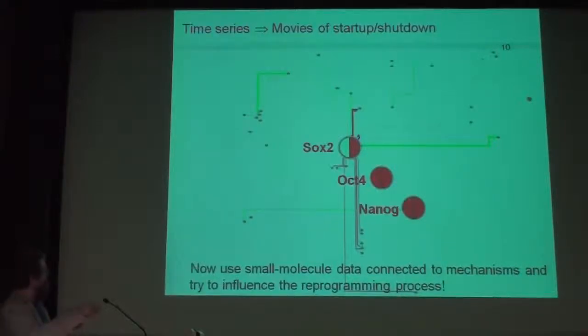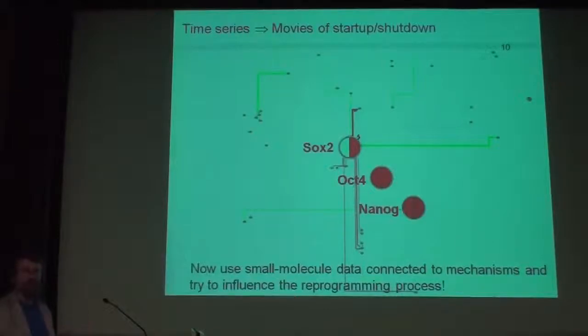IPS is a more or less genetic process, and nobody up to now has come up with small molecules that can accomplish the same feat. And that would probably be very relevant and interesting because small molecules are usually easier to handle, and they may be selected for not being oncogenic and similar attributes.